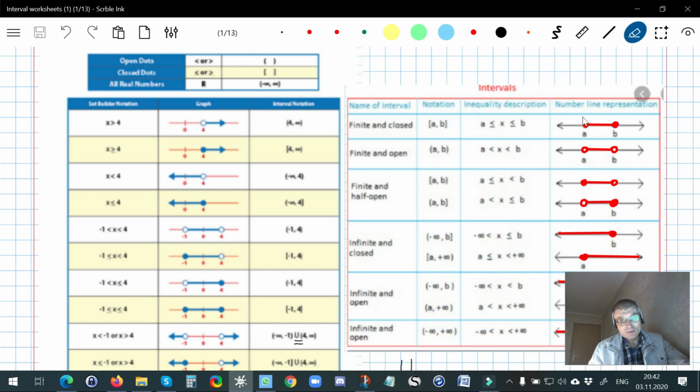So we have three alternative ways to show our intervals and to work with our intervals: the graphic, then interval notation, and inequalities or set builder notation.